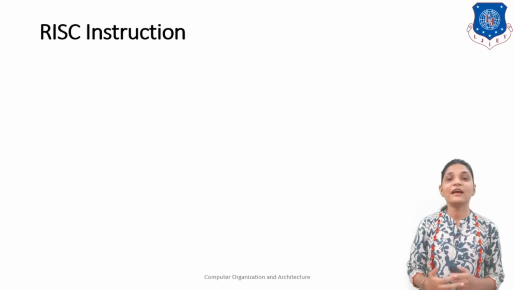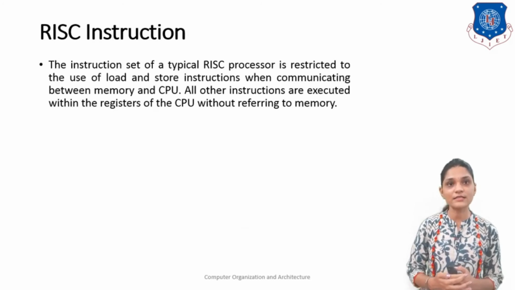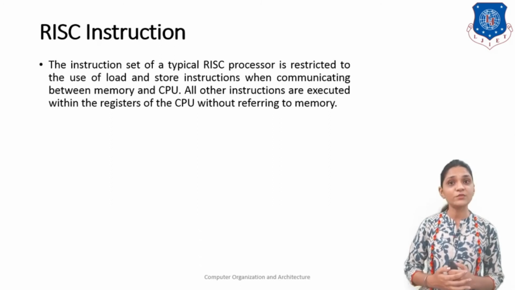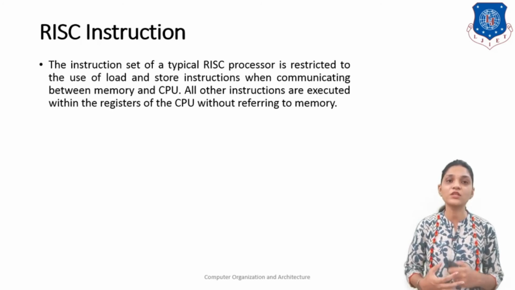Okay. Next we will see RISC instructions. The instruction set of a typical RISC processor is restricted to the use of LOAD and STORE instructions when communicating between the memory and the CPU. All other instructions are executed within the registers of the CPU without referring to memory.